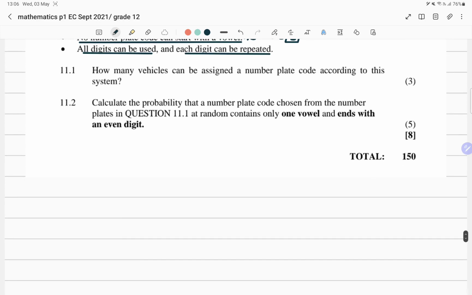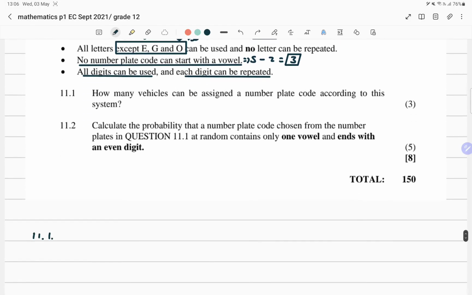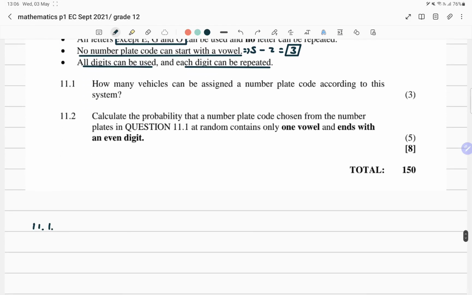So we've got 11.1. We know that this represents letters, right?